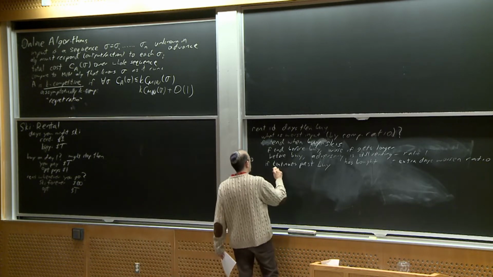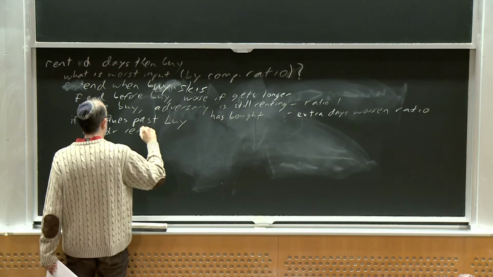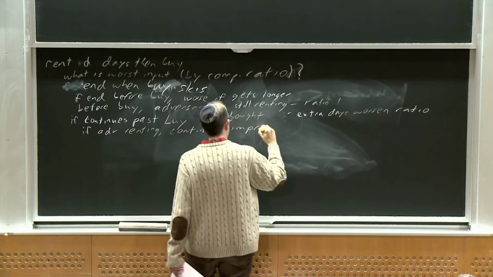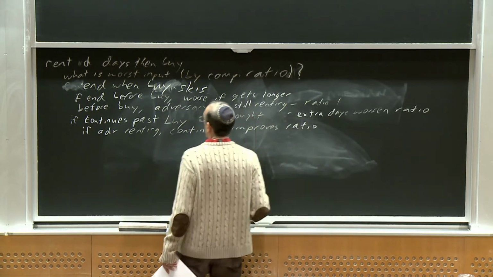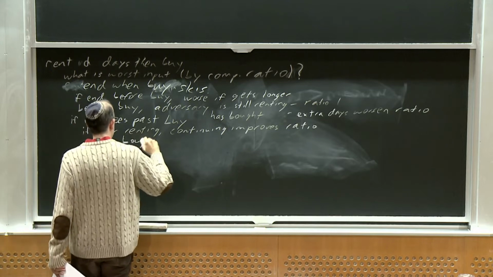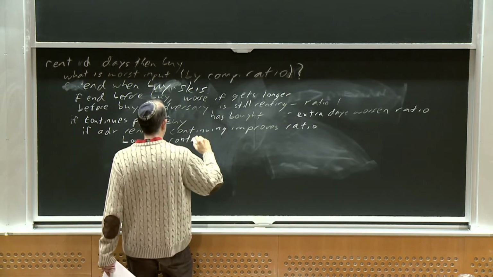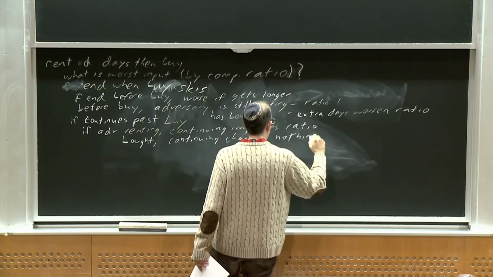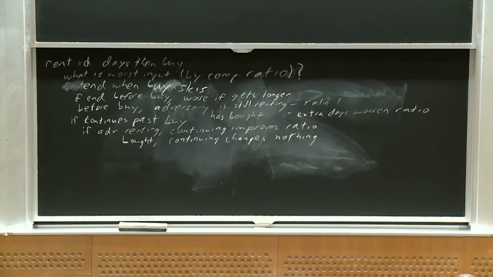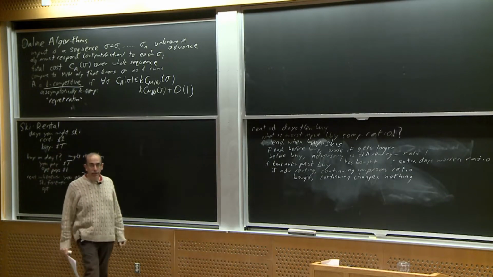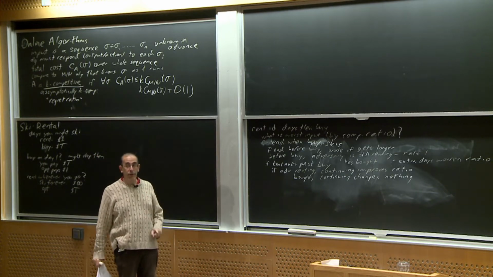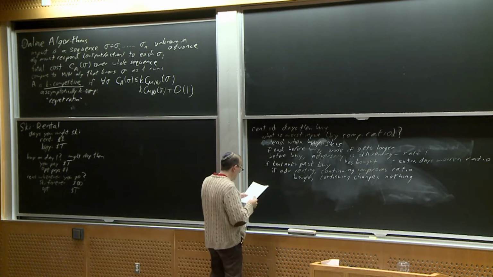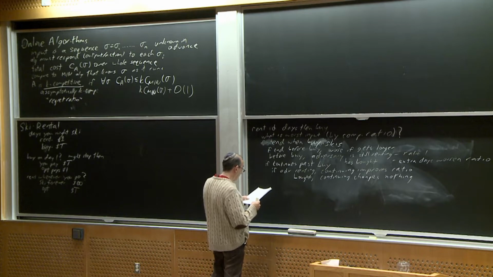So continuing changes nothing. So the worst case is that the day that I buy skis is the last day that I ski. Remember this. Just think about this when you're out on your ski trips. Okay? All right, so what is the ratio?